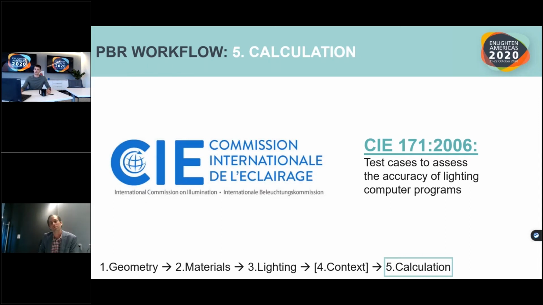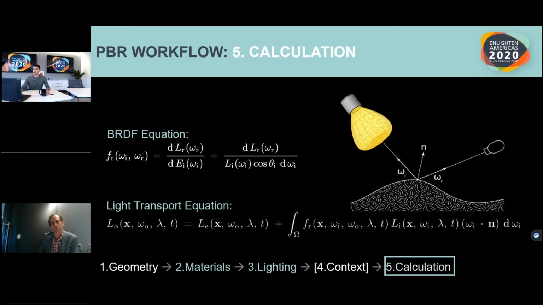You can find the test cases and the documents produced by this organization to validate, or to see if your renderer is validated. It's also important to note that with a lot of physically based rendering engines, you can tweak your settings to make them break the laws of physics. So it's important to know what settings you need to have set correctly in order to make your renderer physically accurate.